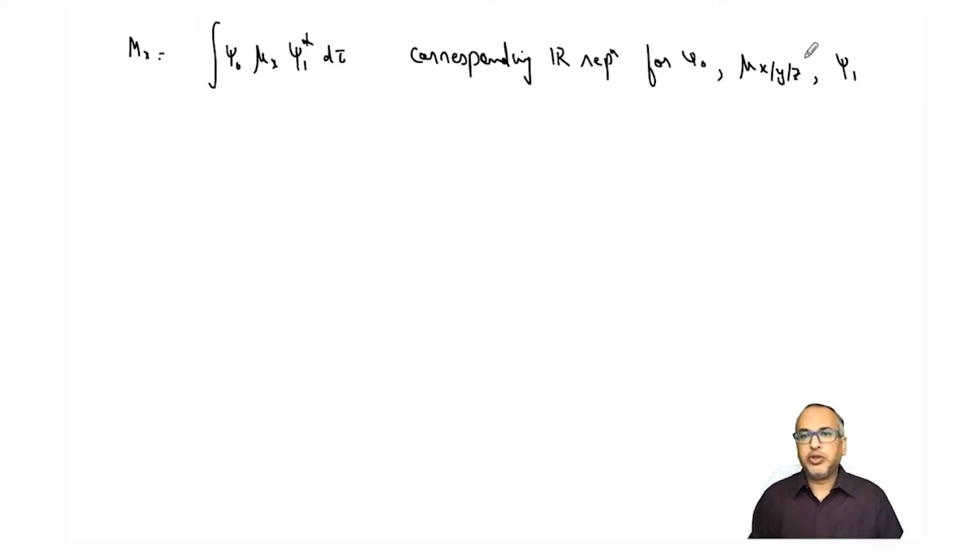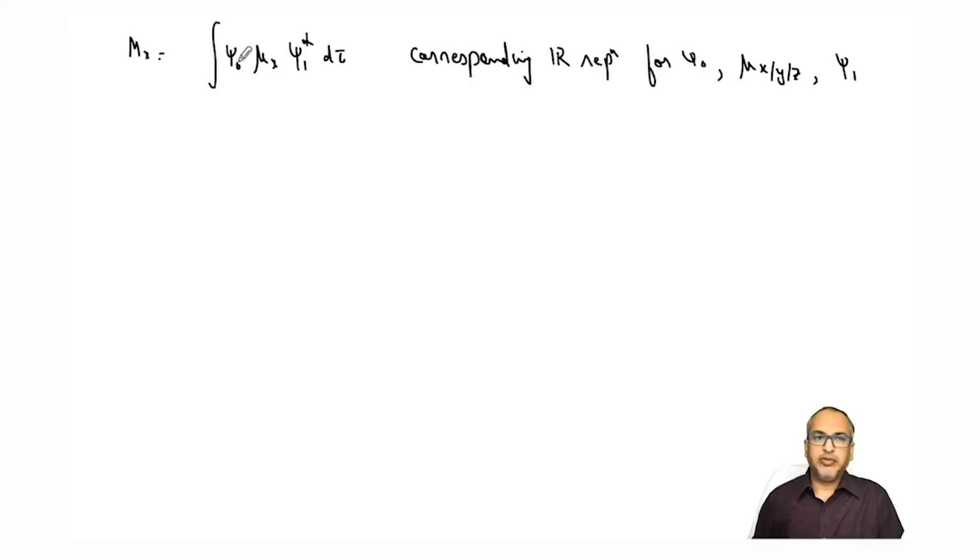All three we must know, and only then can we find the corresponding IR representations and the direct product of all three. And if that direct product contains the totally symmetric representation, the integral will be non-zero. Remember that, right?